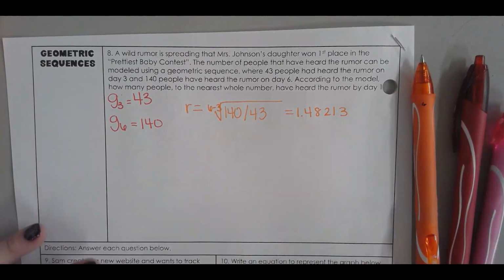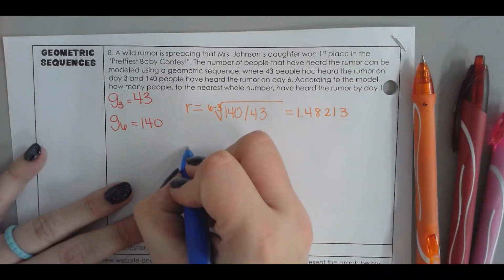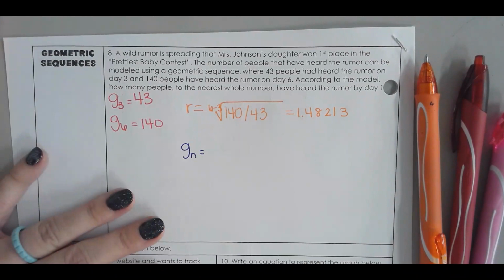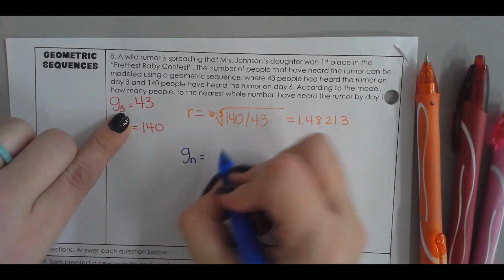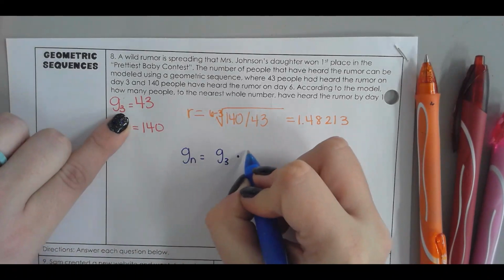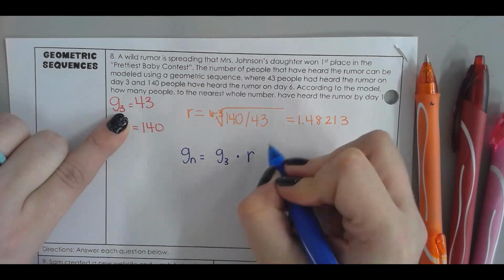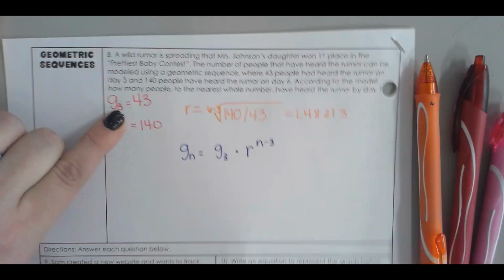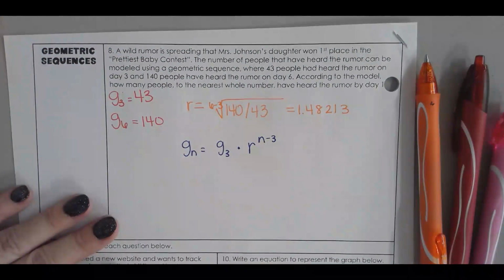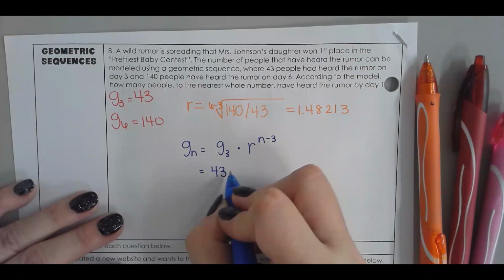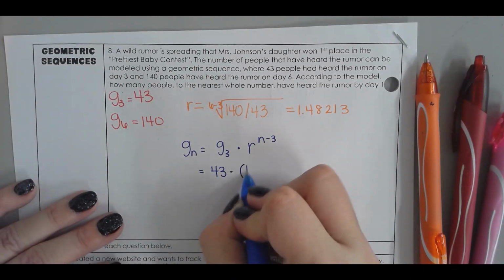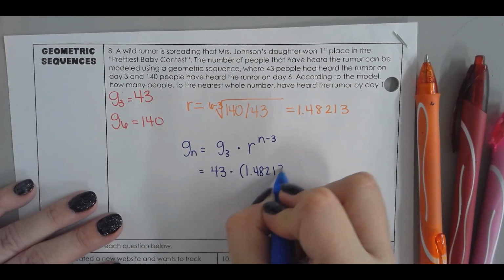So G of n can be found by doing, since I have G3, I'm going to do G3 times R to the n minus 3 power. So 43 times that 1.48213.